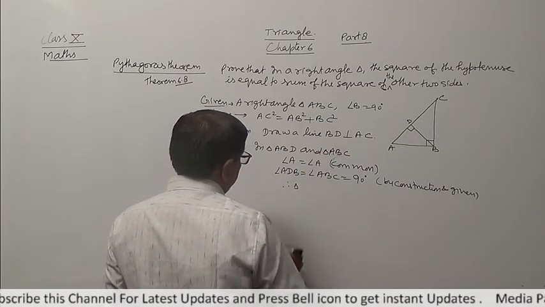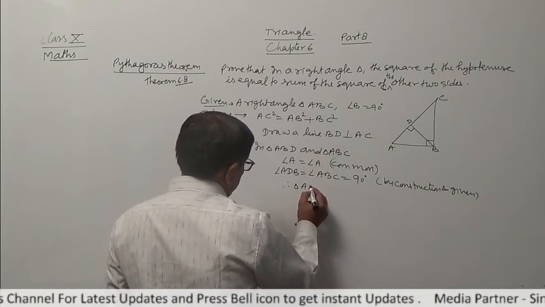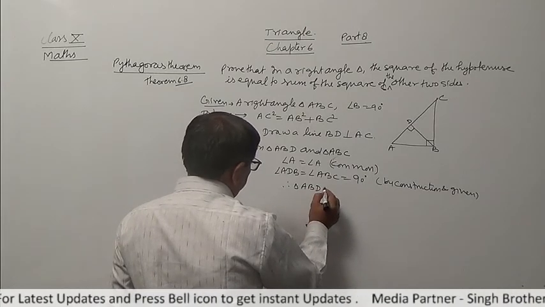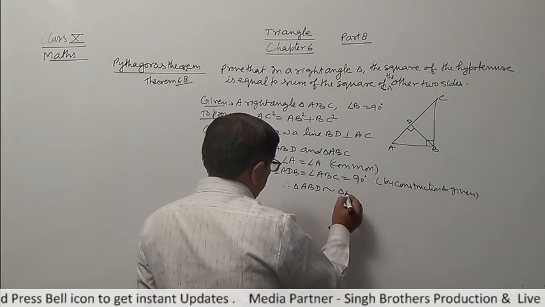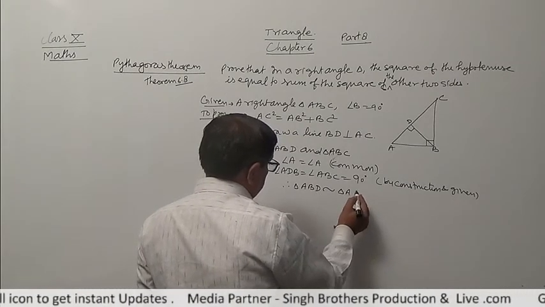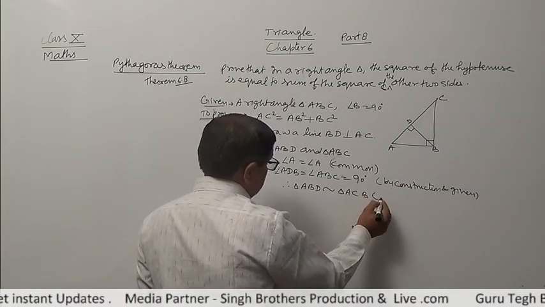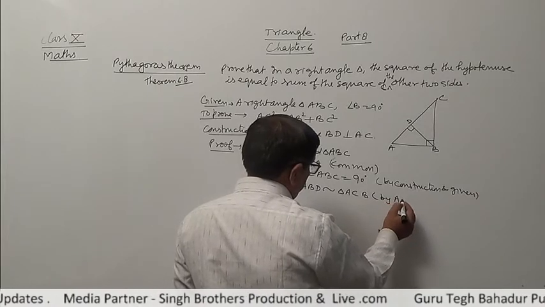Therefore, triangle ABD is similar to triangle ACB by AA property.